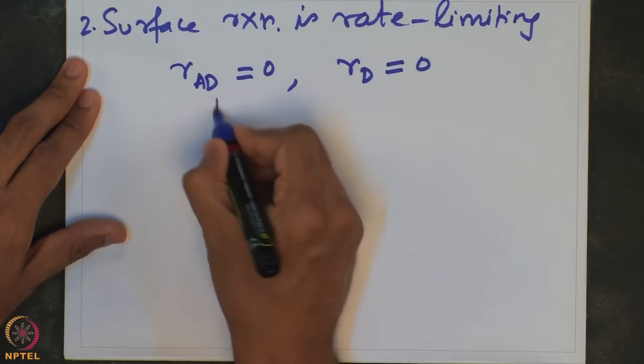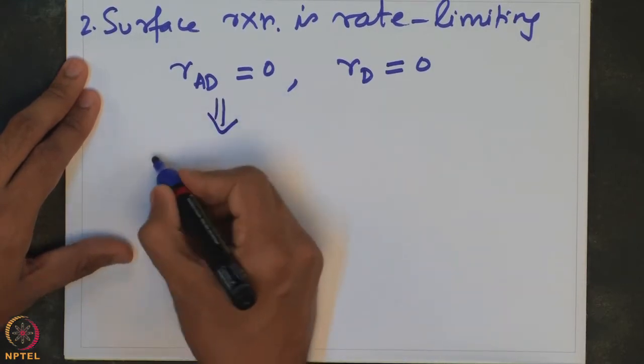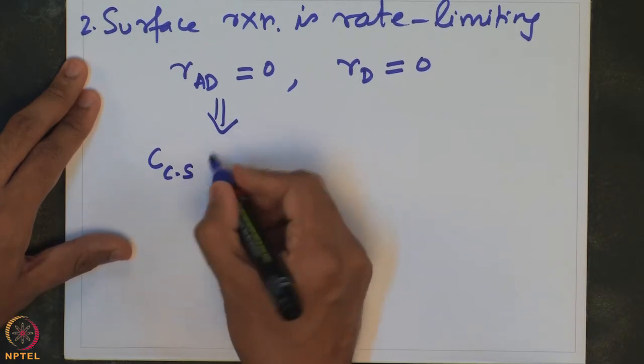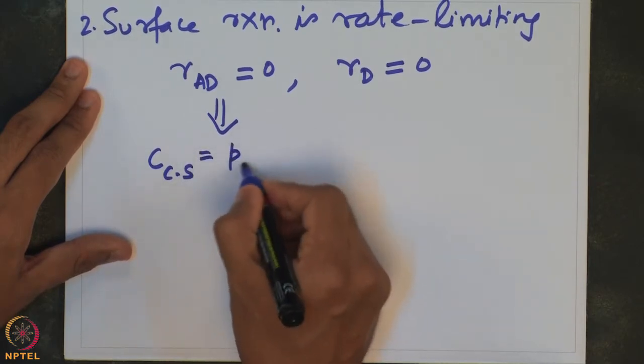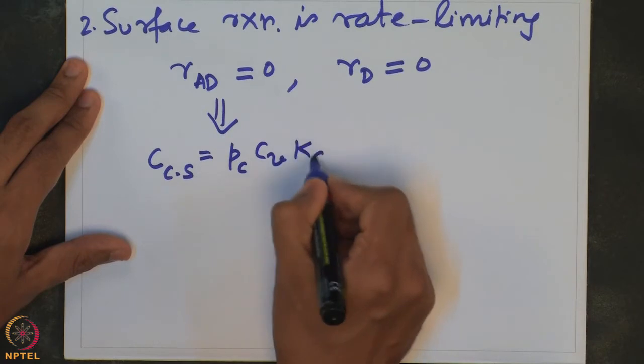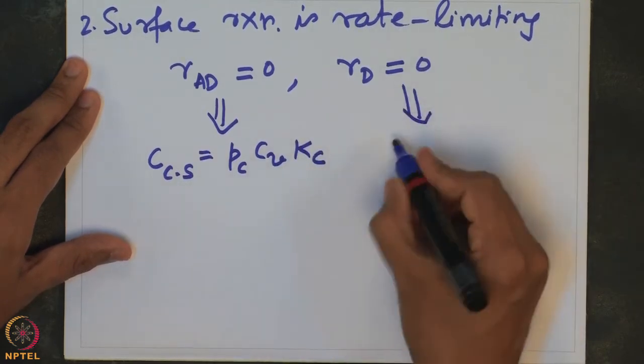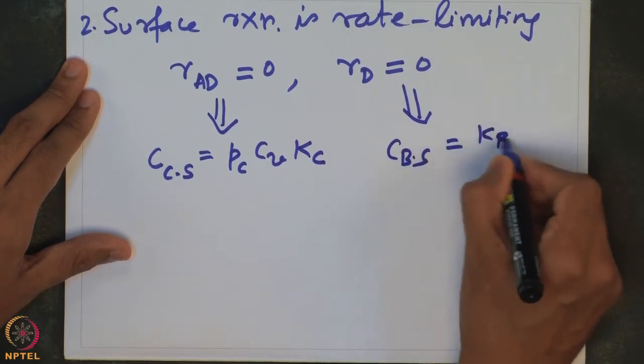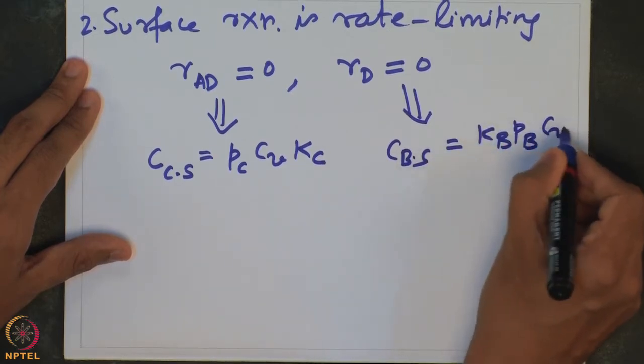So because of this, CCS, the concentration of cumene attached to the sites, is given by Pc Cv into Kc, and this gives CBS equal to Kb Pb into Cv.